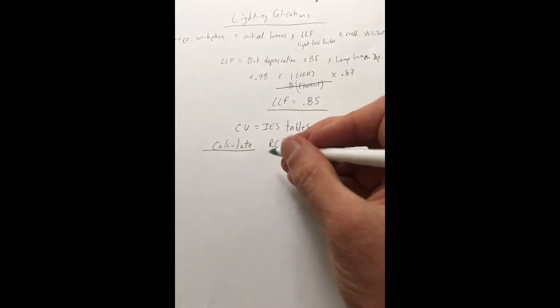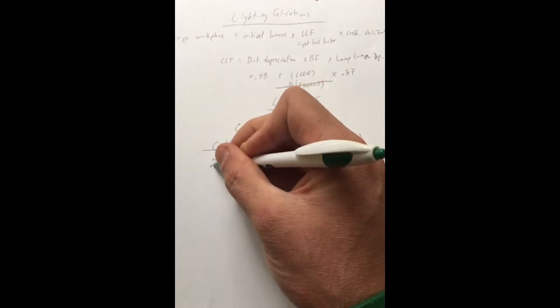And a room cavity ratio, so RCR, there's actually 2 ways to do this. One is for a simple typical room, and another is for an odd geometry. I'm going to show the odd geometry because it'll always work and you won't have to remember, do I use this or that? So this is what we're going to use.